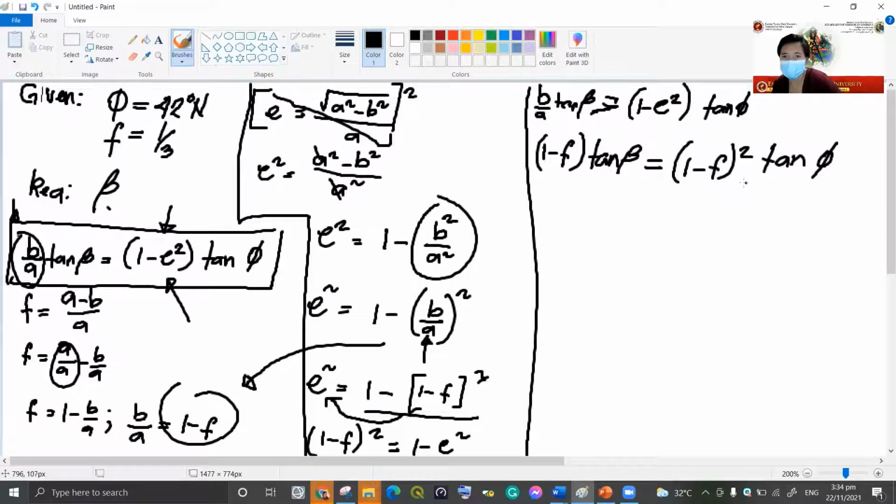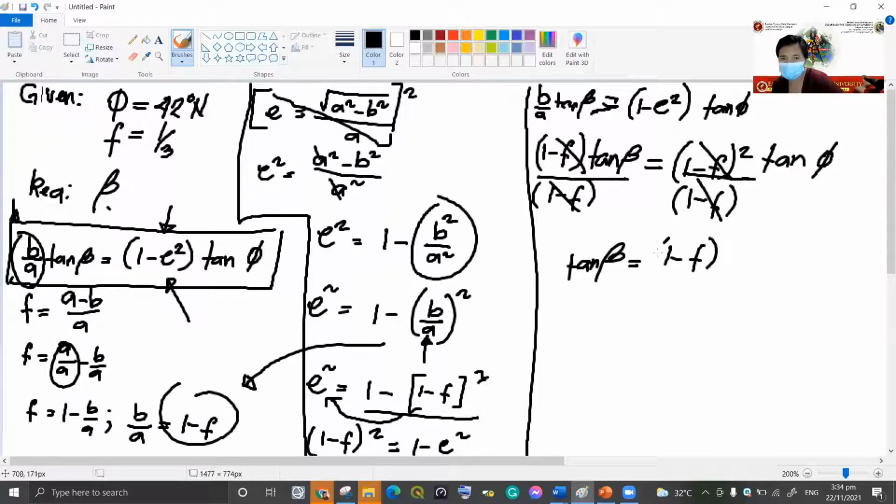So we have 1 minus f on both sides, and we can divide by this 1 minus f. They cancel out, then the left one is 1 minus f. So tangent of the reduced is equal to (1 minus f) tangent of phi. There is no more square because we cancel out this one.